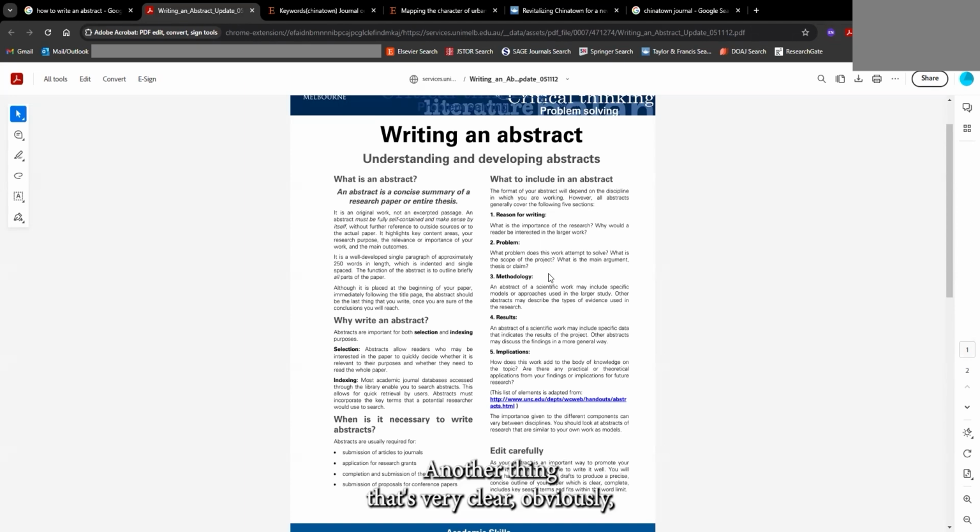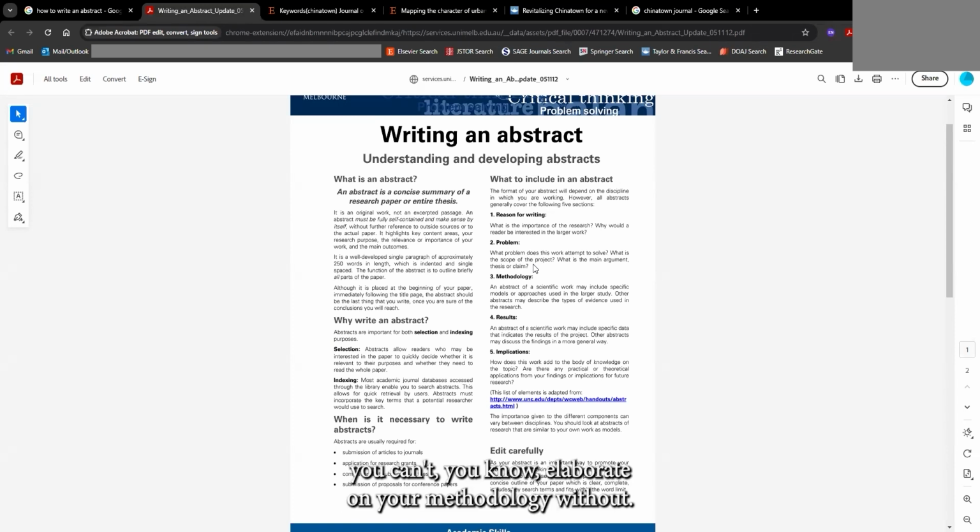Another thing that's very clear, most of the time, is the aim of the research. The aim usually appears around your element 2, where your problem is. What's the main aim or the main argument of your project? And that usually sits before methodology. I guess that's very sensible and logical.